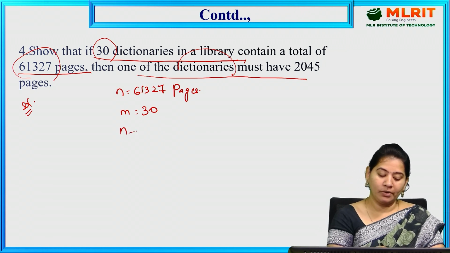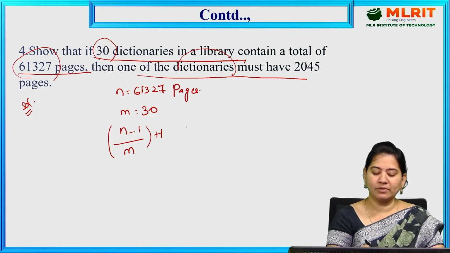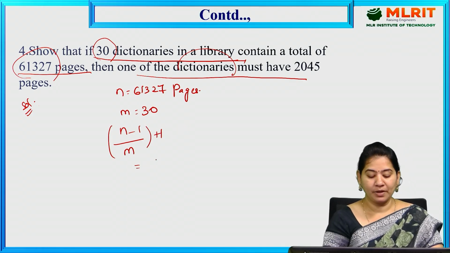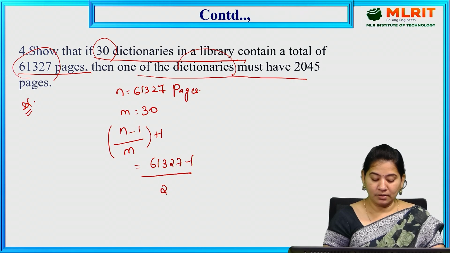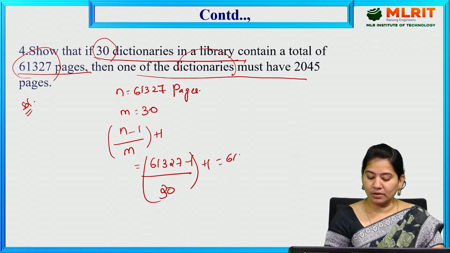Now according to the formula, directly you have to substitute in the formula itself. This is the pigeonhole principle. So now you will get 61327 minus 1 by 30, plus 1, which is nothing but 61326 by 30, plus 1.